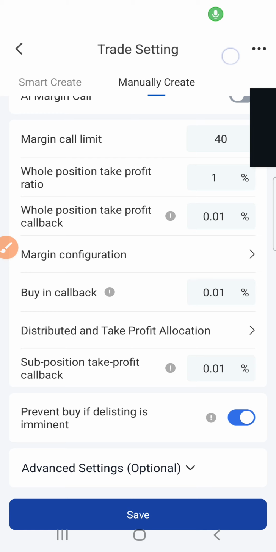How does it come? It means your coin pumped and reached here. After reaching here, there is no callback. Callback means if something drops or comes back a little bit while the coin is moving up. If something comes back by that percentage that you've set, let it move out.